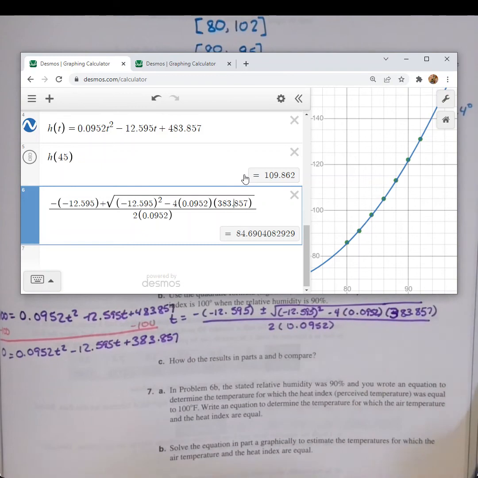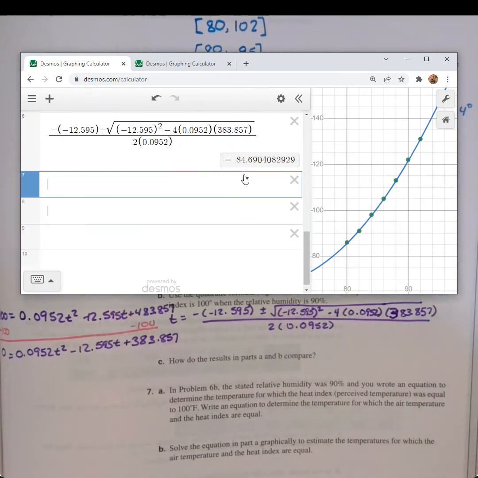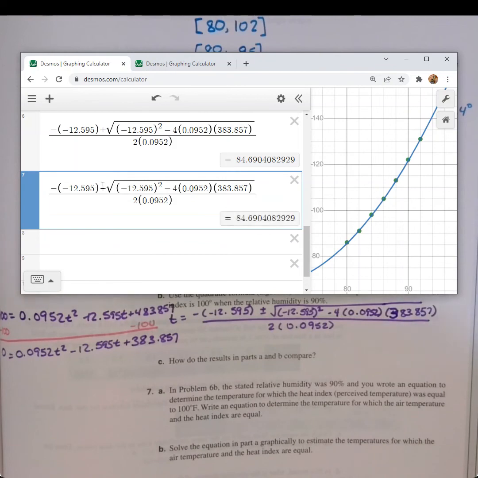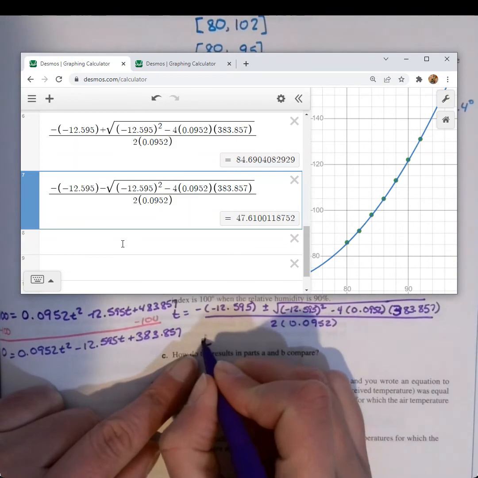84.69. Now I can copy and paste this and get the negative one also. I didn't get the other one before because it's outside the practical domain, and so it's going to be a value that does not make sense. So I'm going to make a quick note of these.